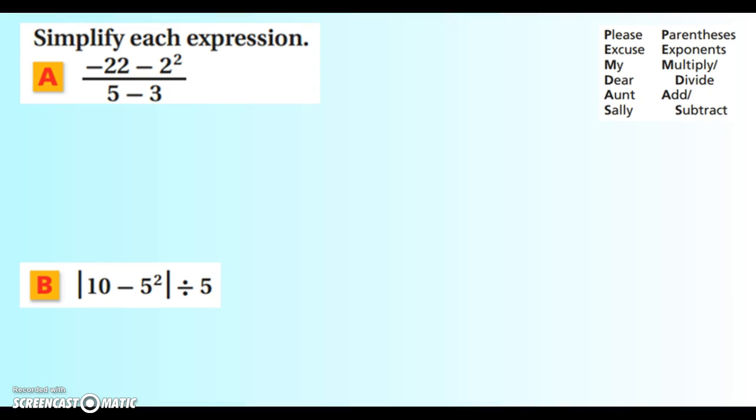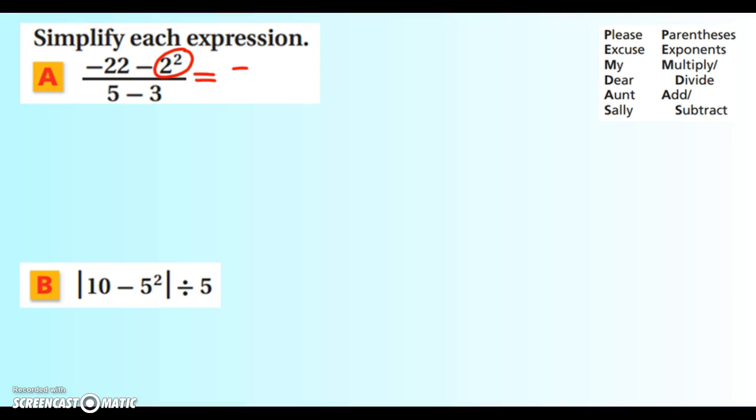And then the last two examples here, these are different grouping symbols as well. You would take care of, for A, the numerator by itself, the denominator by itself, and then see if you can reduce that fraction. So here, again, this power of 2 only applies to the 2, since that minus sign is not in parentheses with the 2.